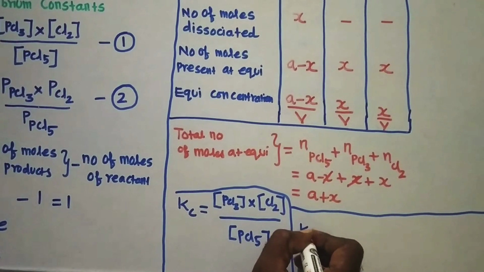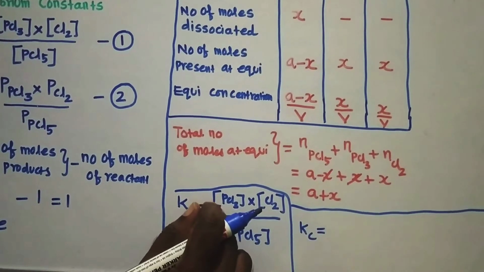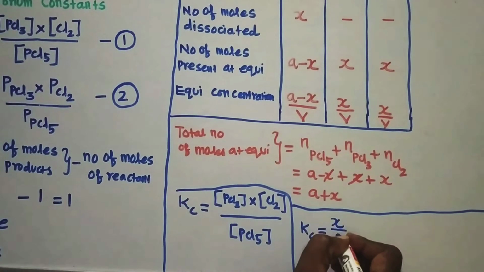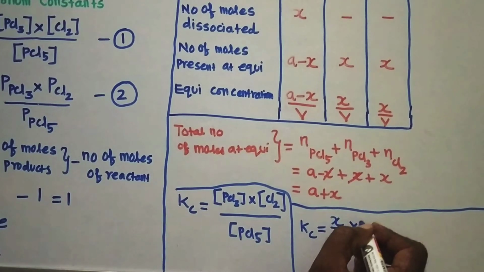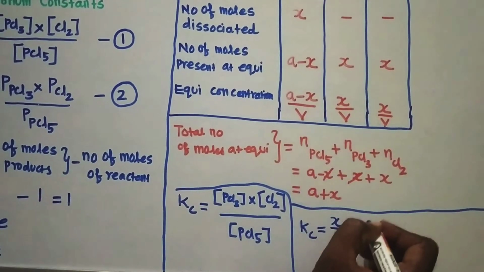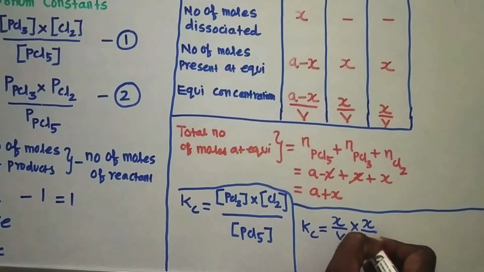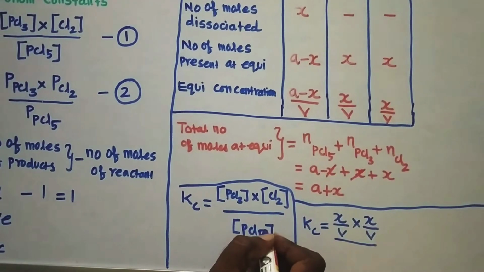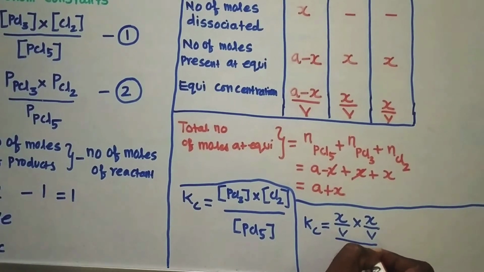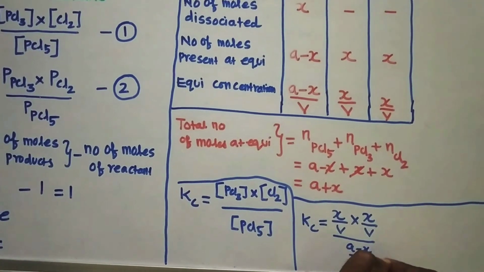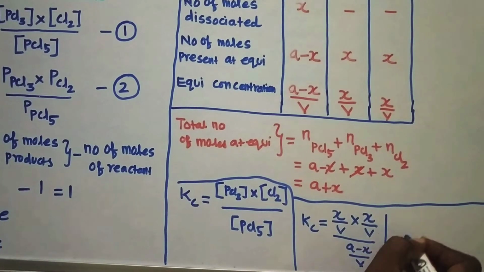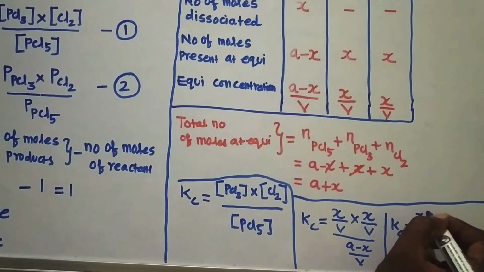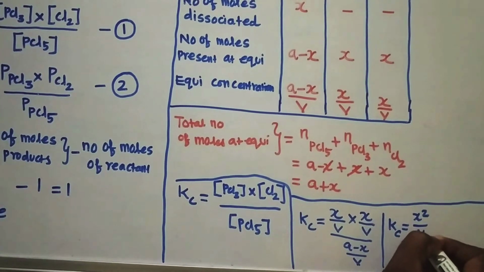So Kc is equal to the concentration of PCl3, that is X by V, into the concentration of Cl2, that is also X by V, divided by the concentration of PCl5, that is A minus X divided by V. So this equation becomes Kc is equal to X squared divided by V squared.